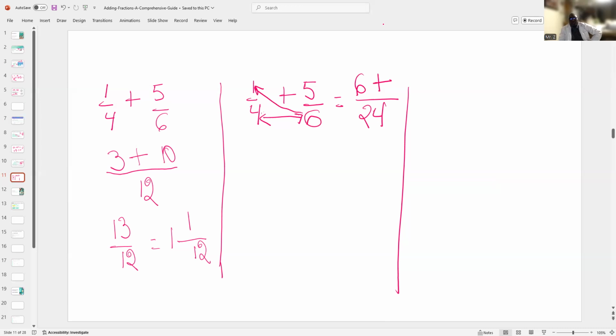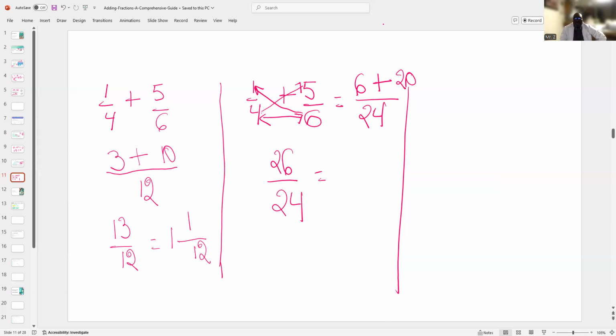Once you do that, 4 times 5, you got 20. So now I have 26 over 24, correct?